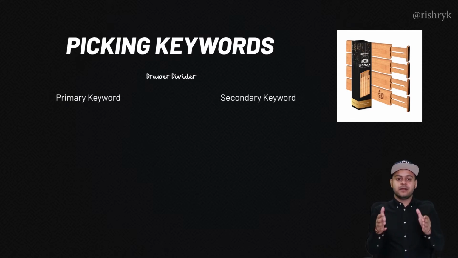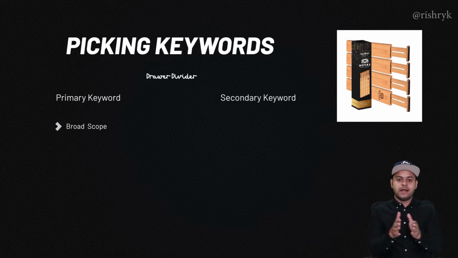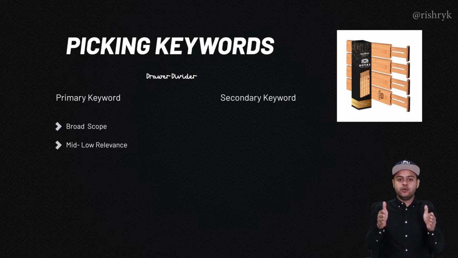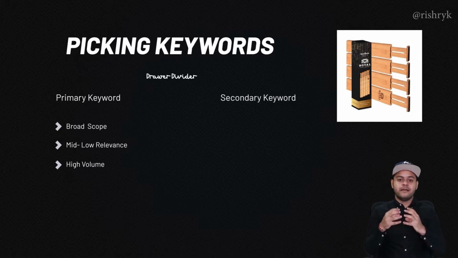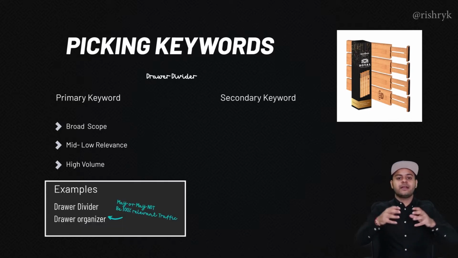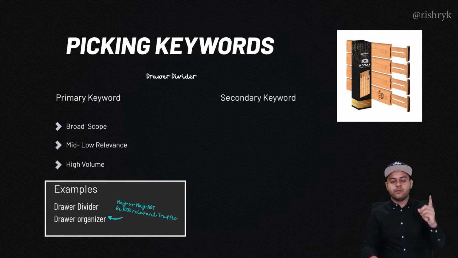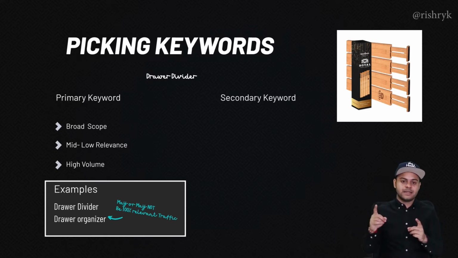A primary keyword is usually the broadest keyword that will get you the most amount of search traffic towards your listing. It will have medium to low relevance to your product, because sometimes that keyword may not be directly relevant to what you are trying to sell in the market. For example, if you type in drawer dividers, you might see different kinds of drawer dividers. Some are made with wood, some are made with plastic, some are a different design.